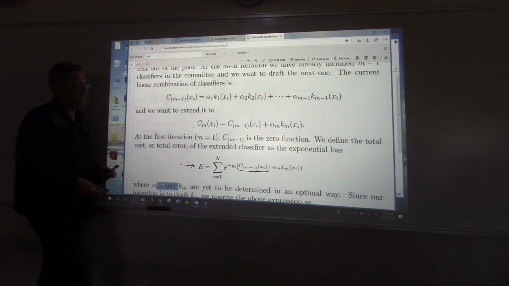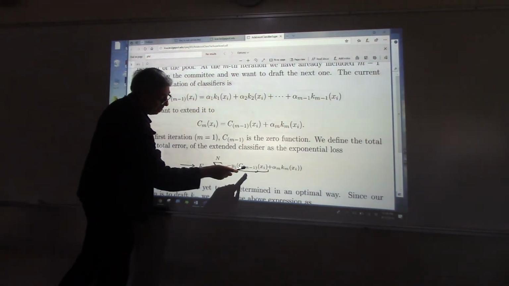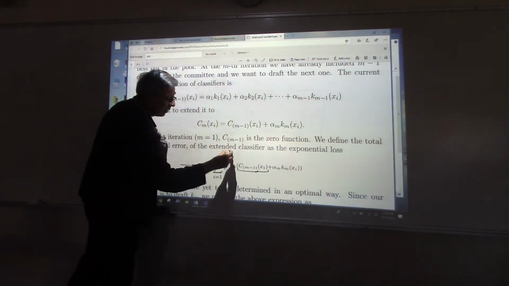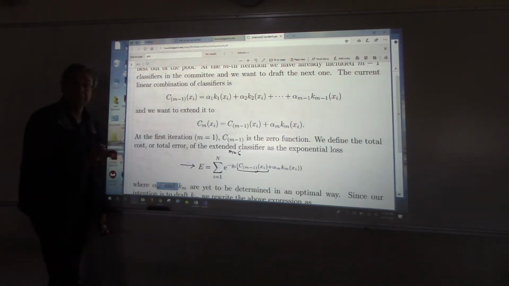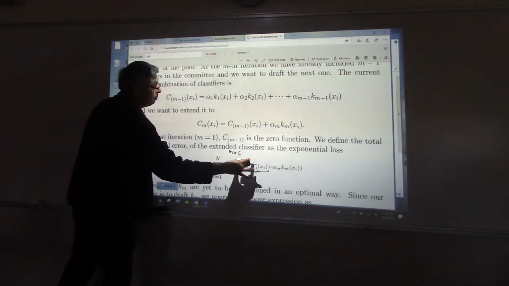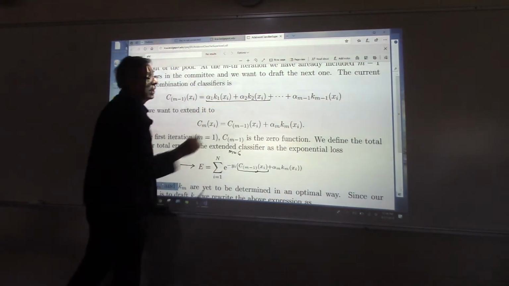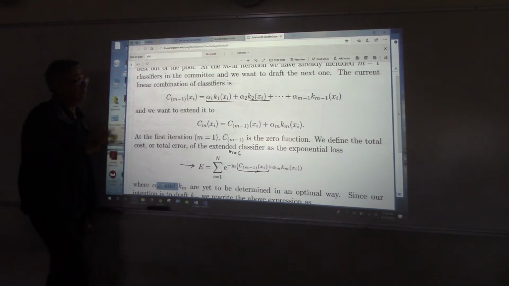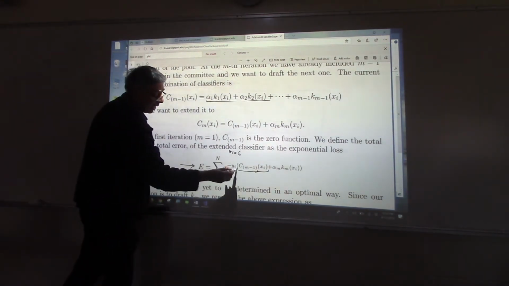If m is 6, meaning we've already selected 5 classifiers and we know their weights, then Cm minus 1 is basically a sum of the decisions of all of these. Okay, so then we multiply it by yi.